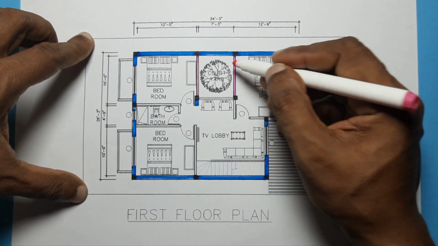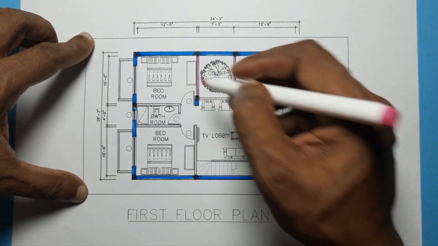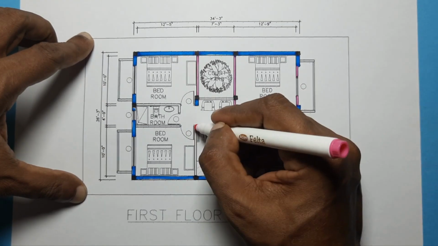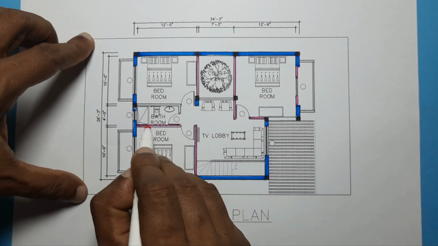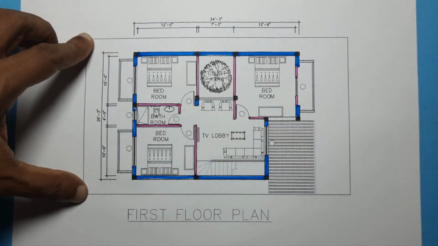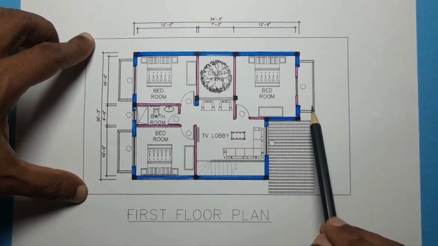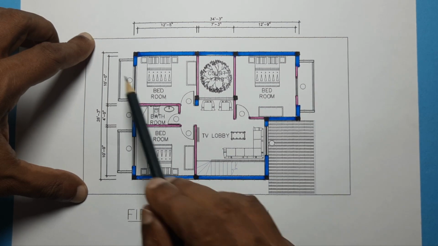If you want, you can put some windows in these two walls looking downwards. All these bedrooms have balconies, which are 3 feet wide. These are the 3 balconies, 1, 2, 3.